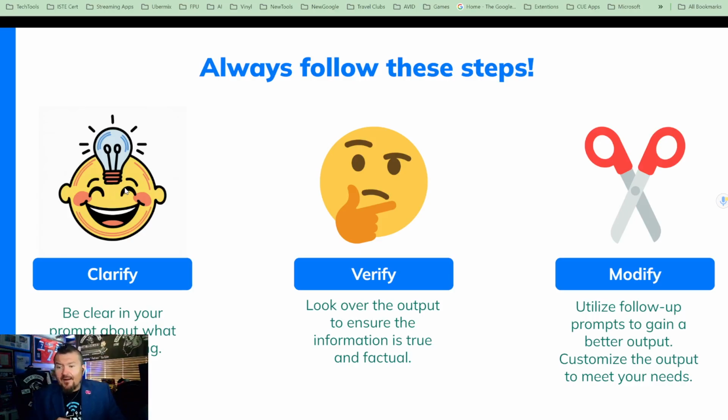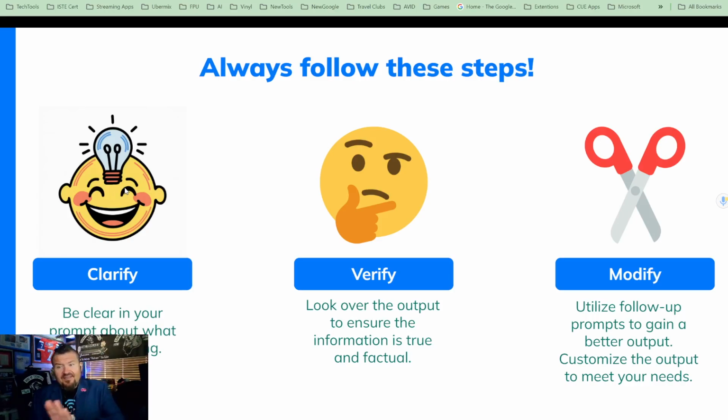Please recreate this for me with these guardrails put in place, with these follow-up asks put into place. Customize that output to meet your needs. And then let's say the output only gives you 85% of something you wanted. Take the 85% that works and you add your 15% to finalize it, right?